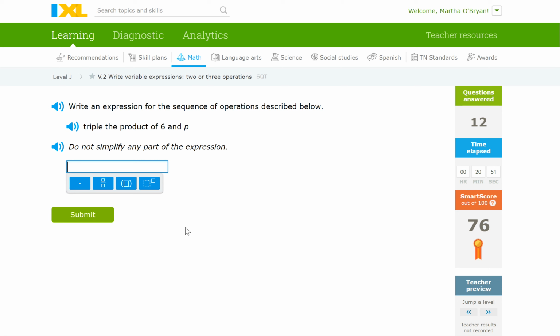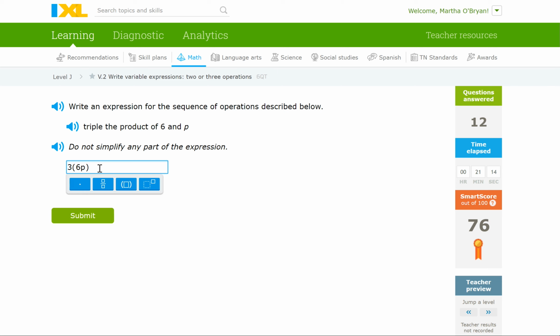Triple the product of S and P. So the product, remember, is multiplication. So we'll put S and P, the product, we want that whole thing tripled, not just part of it. So we'll put that in parentheses. I'm going to just write 6P, and if I put 3 in front of it, then I have 3 times 6P.